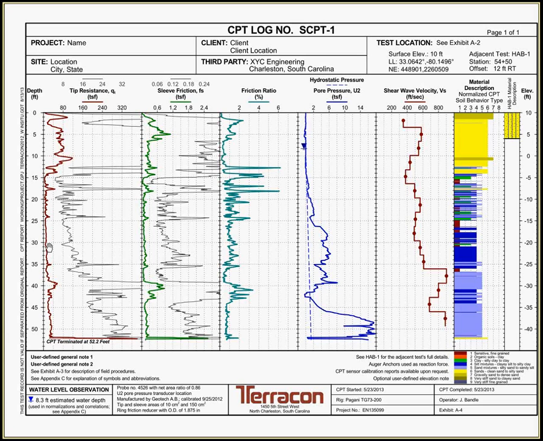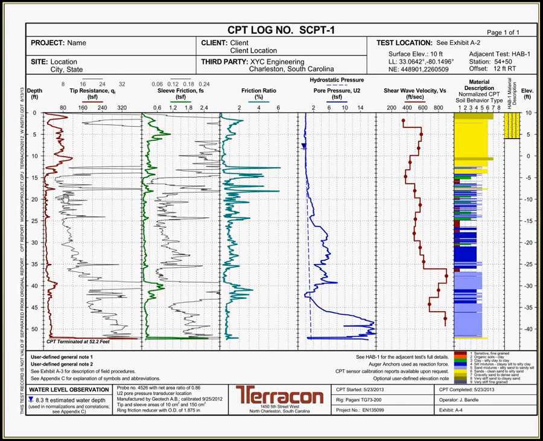This allows the user to not only identify that the refusal occurred at close to 380 or 400 TSF, but also in this really soft layer that, that's probably about 12 TSF in this area.